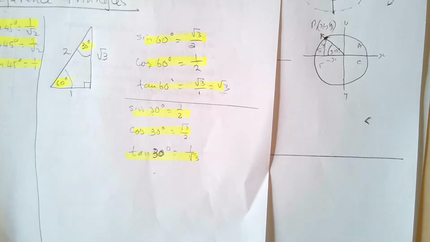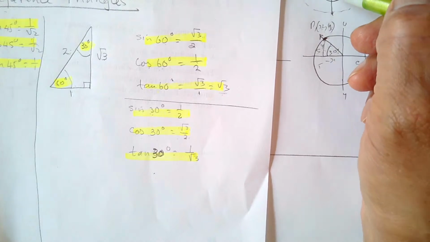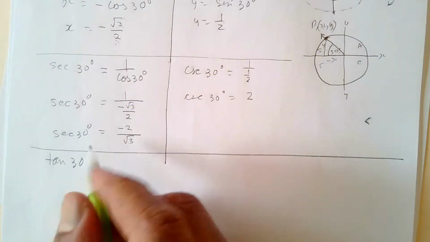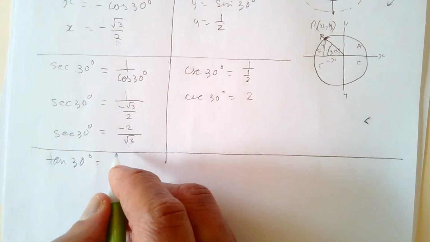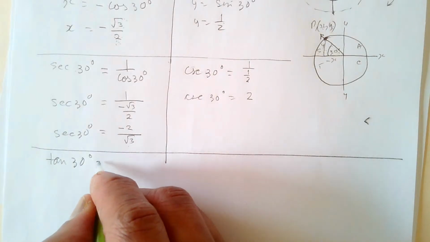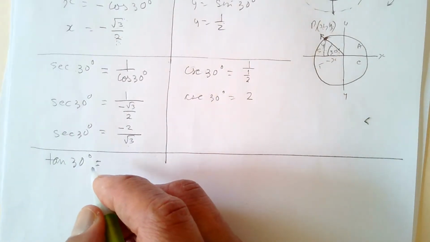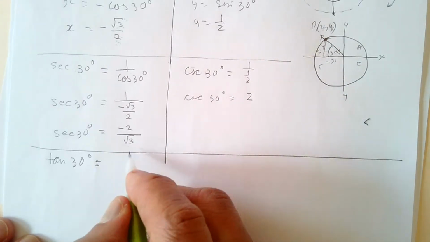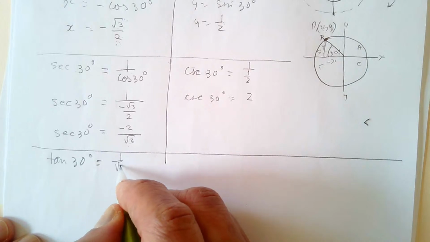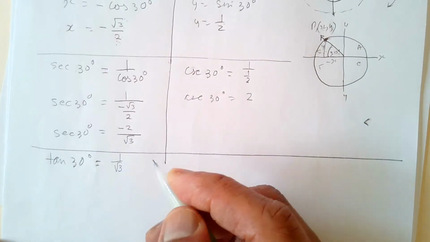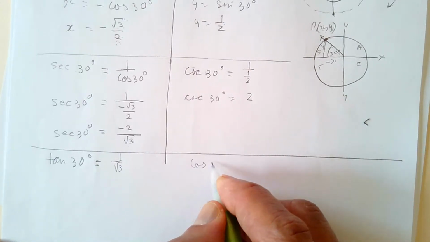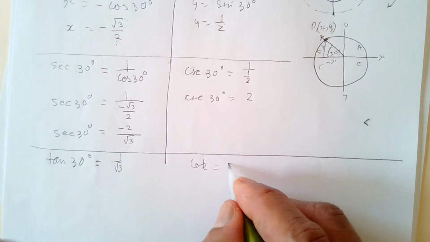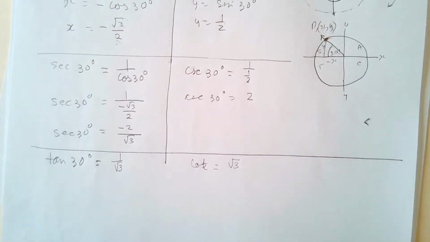But because it's in the second quadrant, it will be negative. So tan 30 degrees could be equal to 1 over root 3. So cotangent would be root 3 over 1, which is root 3.